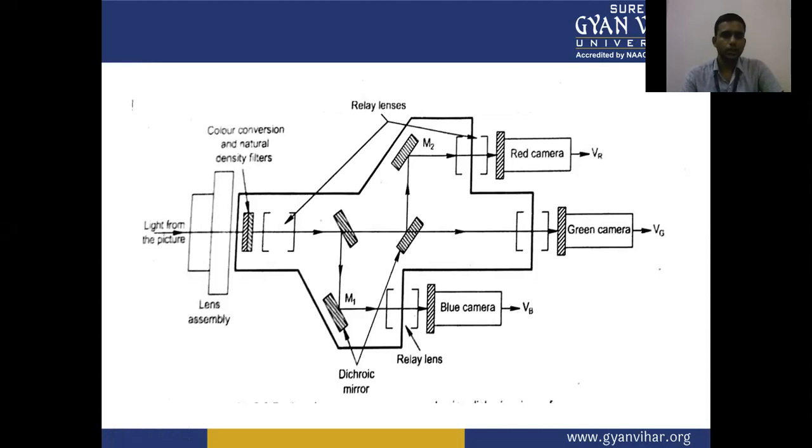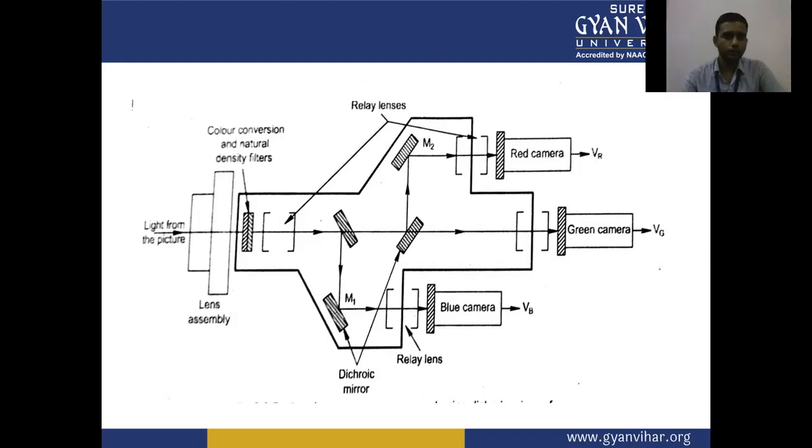This is the diagram of how the light from the picture comes in and is converted into the three primary colors, red, green, and blue. The dichroic mirrors split the light and convert it into the three primary colors.